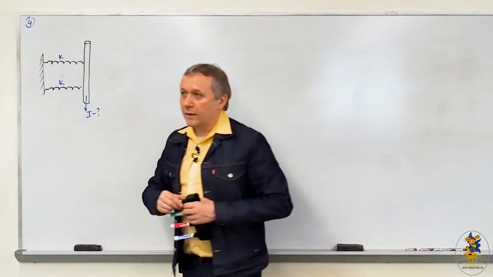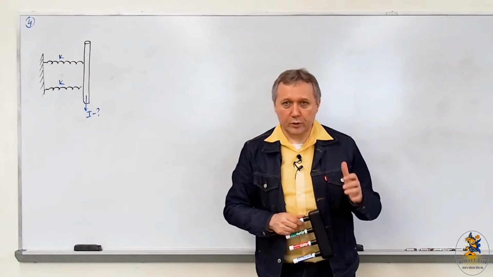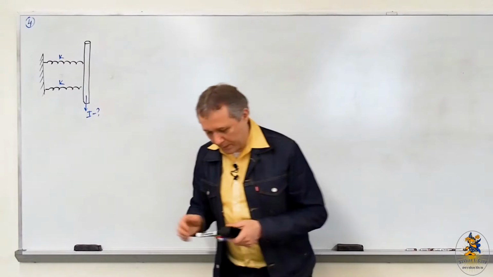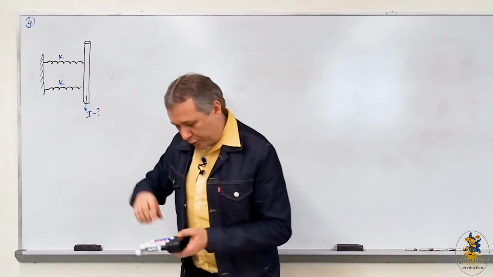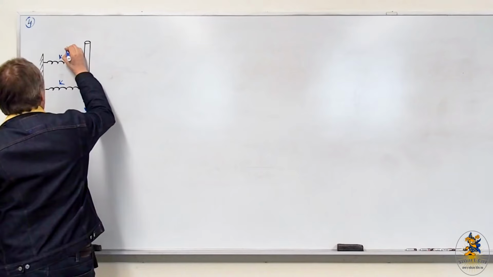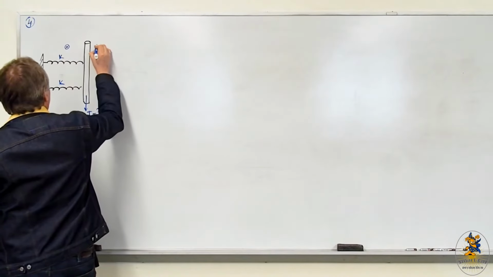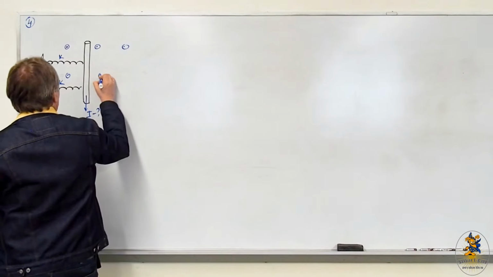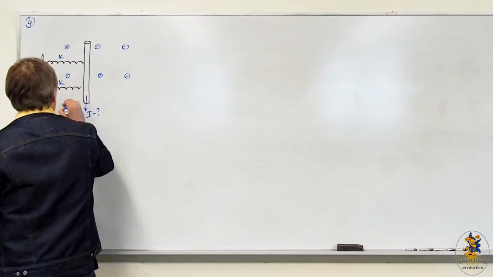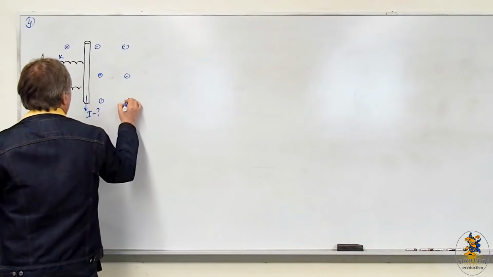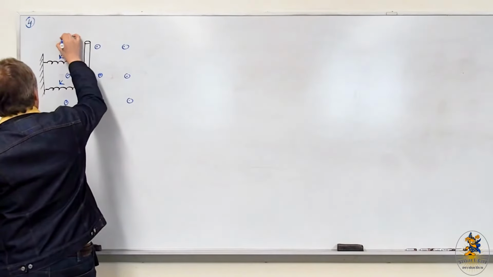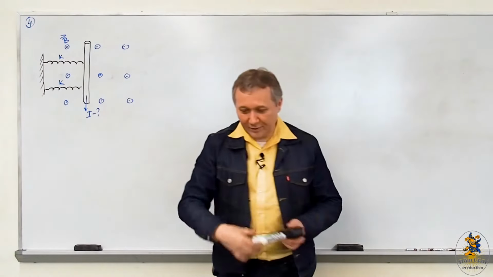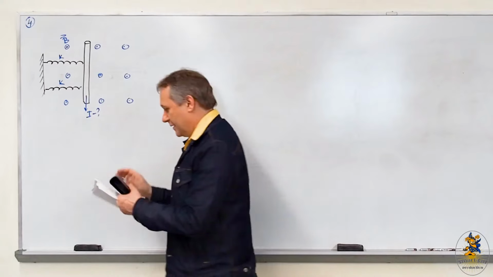Then, the whole thing is exposed to the uniform magnetic field. Magnetic field is towards you. So that's B. I think now it's time to start writing the values of all this.